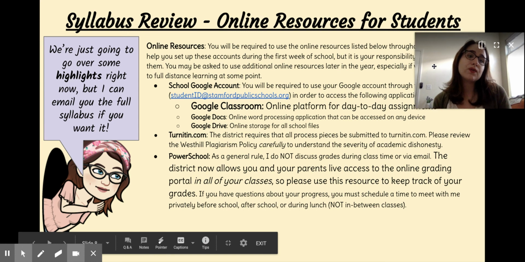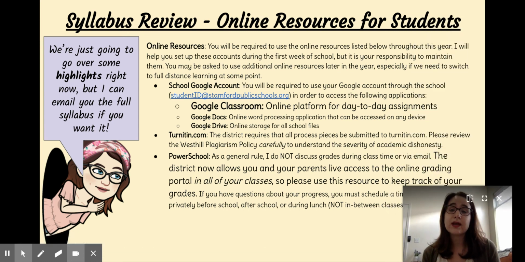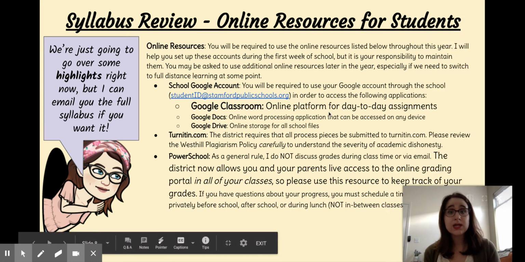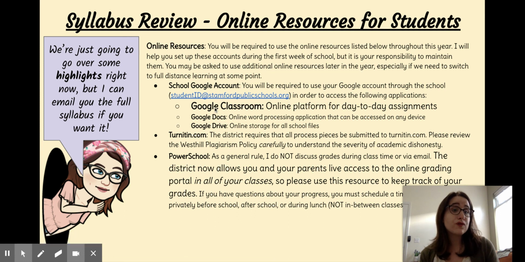This slide here goes over some of the online resources that are available for your child. So your child will need to use their Google account for most things in the school this year. So that includes Google Classroom, which we'll talk a little bit more about because there's a parent section of that, as well as Google Drive, Google Docs, and their Google email account to stay in touch.